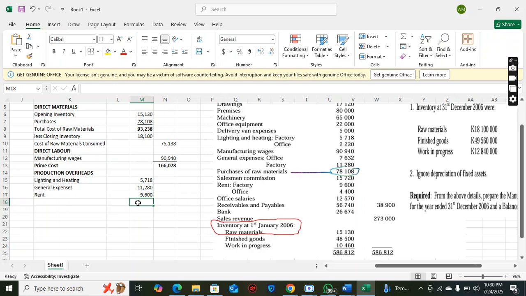If there was depreciation here, you would have calculated the depreciation of the machinery under the production overheads.